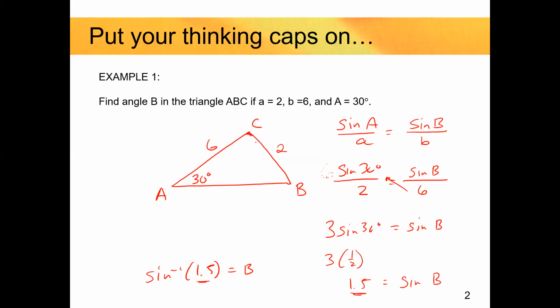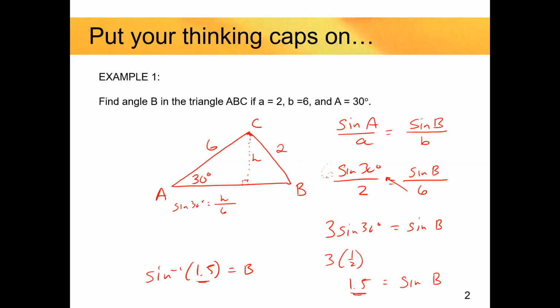You know what? Maybe another thing like this. Let's see. If I were to drop this straight down like this, like a little altitude right there, the question is, what would H have to be? So this would be sine of 30 is equal to H over 6.